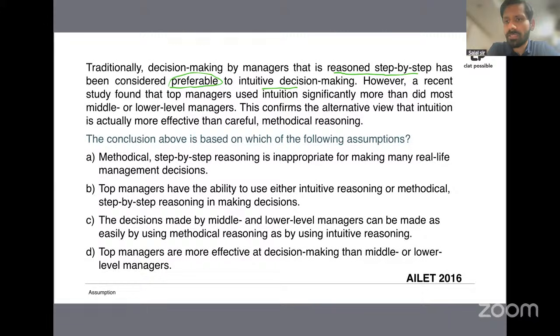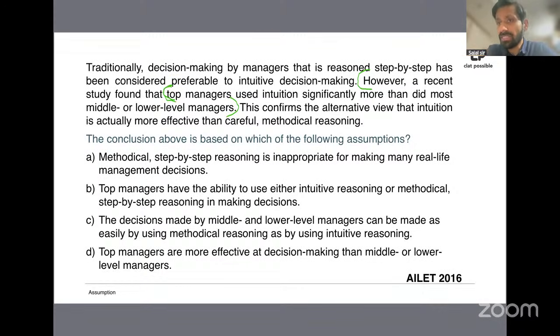So I'll just underline the part that is relevant for us to answer the question. It starts here. It says a recent study found that top managers used intuition more than did most middle or lower level managers, right?